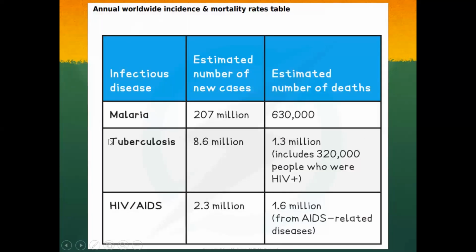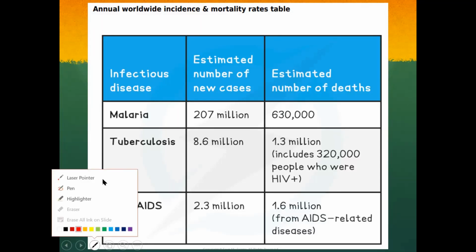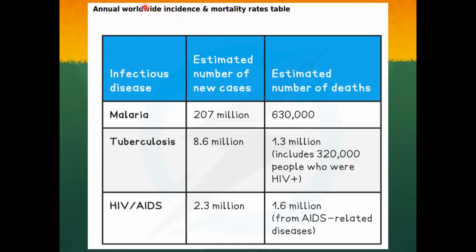So this table here is just for you to see the global impact of these diseases. It's an annual worldwide incidence and mortality rates table. Just compare: malaria has around 207 million estimated cases in one year, but the estimated number of deaths is 630,000.